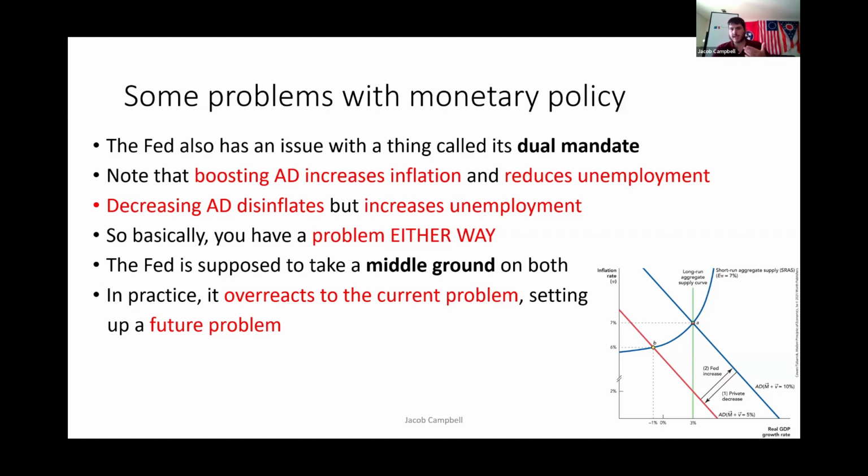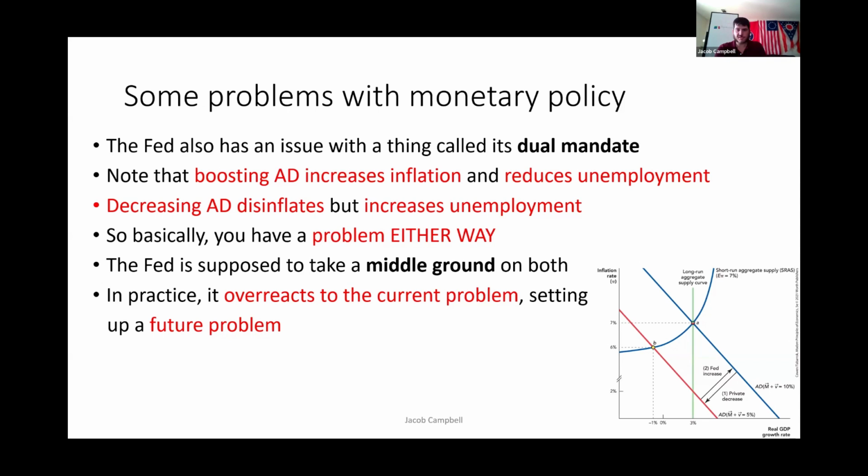Well, this is why the Fed's supposed to have a dual mandate. Don't try to fix everything. There's always going to be unemployment. There's always going to be inflation. You need to take a middle path and just keep both of them at acceptable levels.